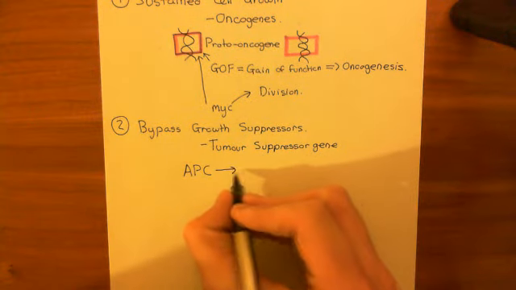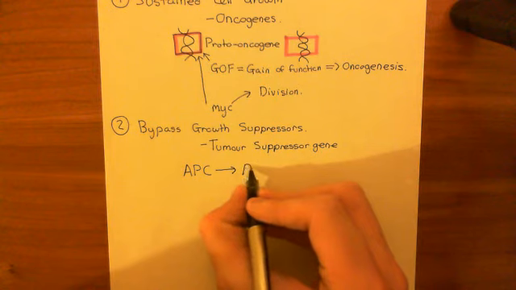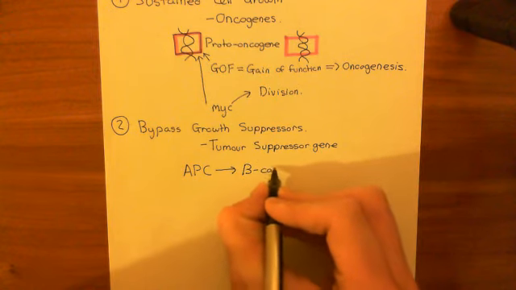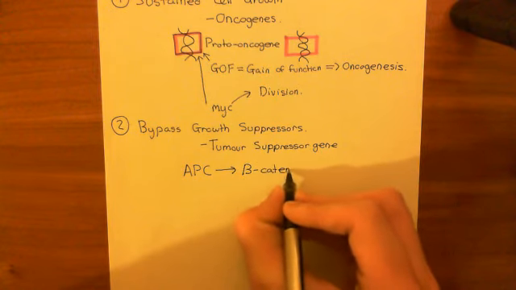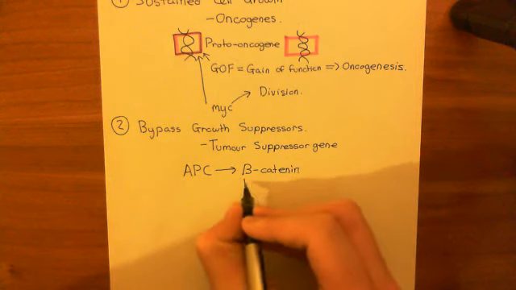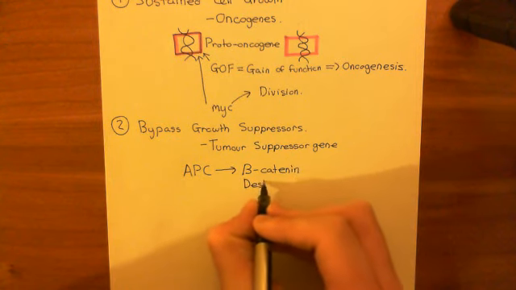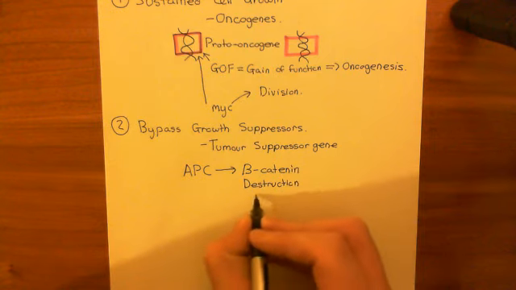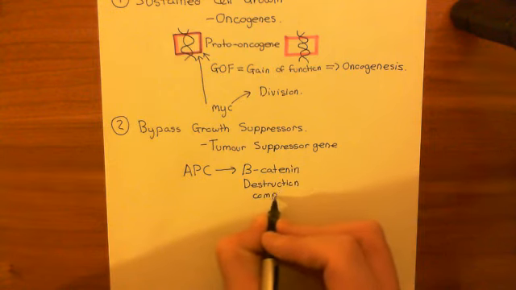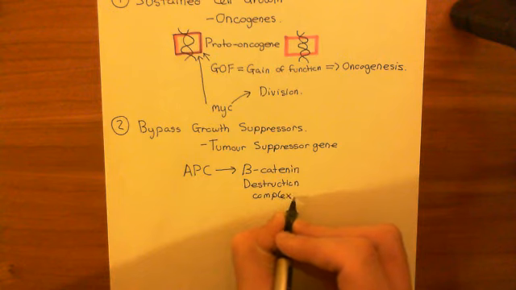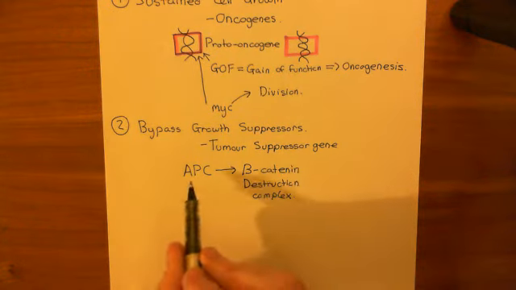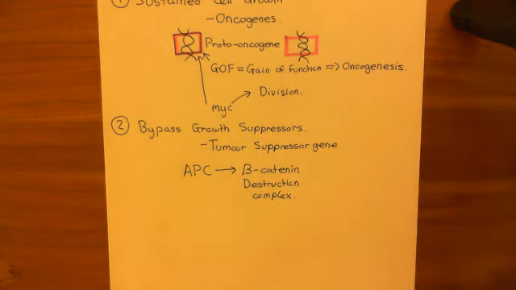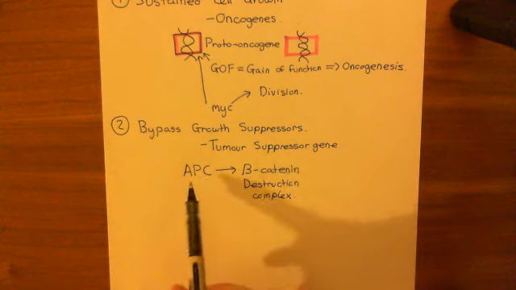So APC contributes to the beta-catenin destruction complex, which destroys beta-catenin, and in that way suppresses growth, since beta-catenin causes growth. So the beta-catenin destruction complex destroys beta-catenin and therefore prevents beta-catenin causing growth. So APC, this essential part of the beta-catenin destruction complex, therefore suppresses the growth of the cell. So it's a tumor suppressor gene.